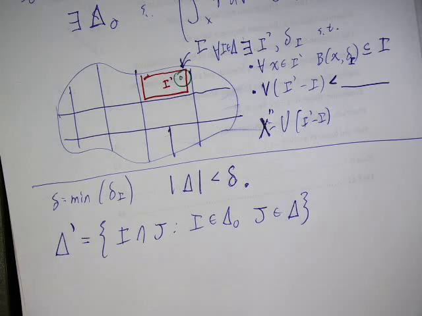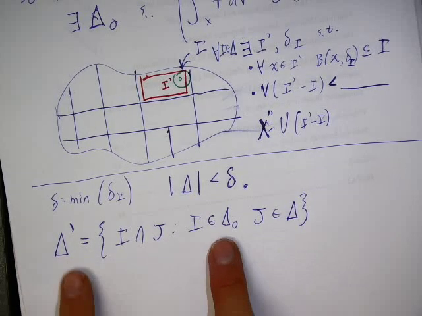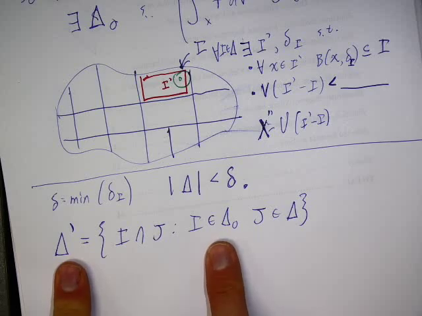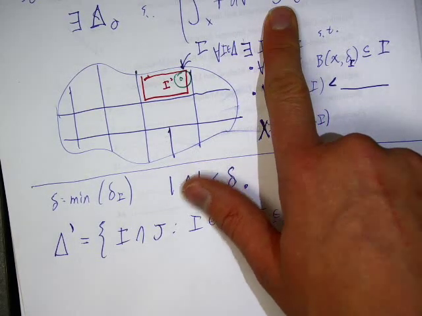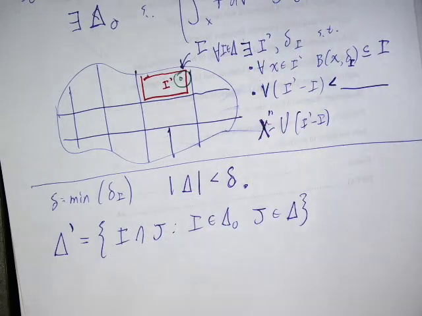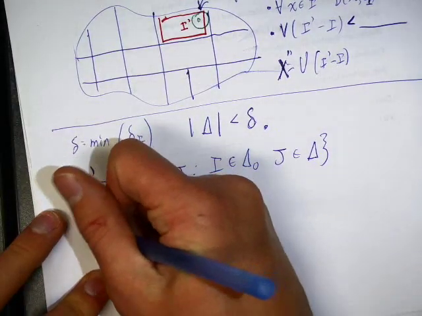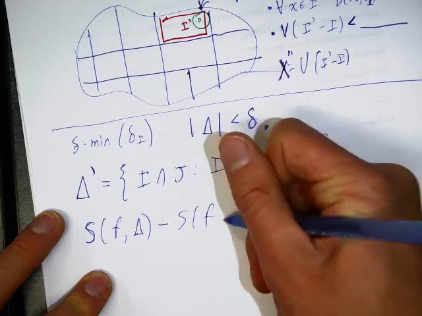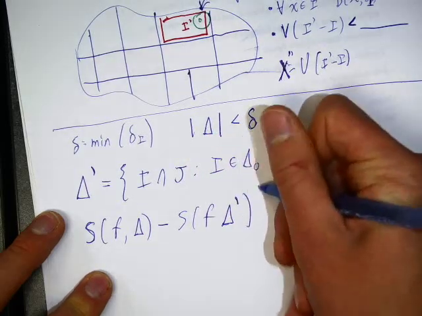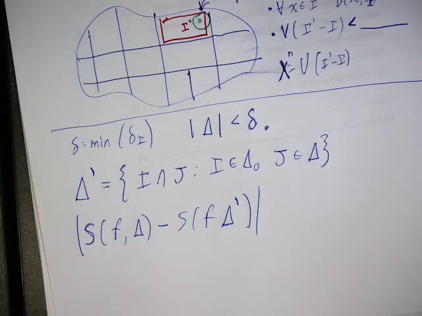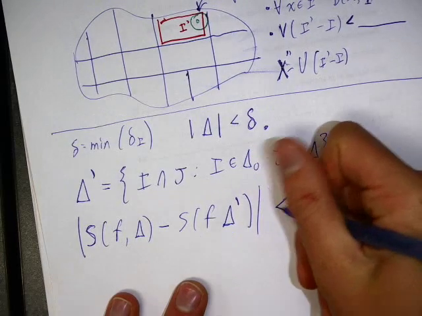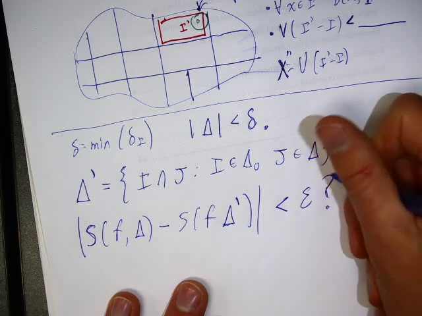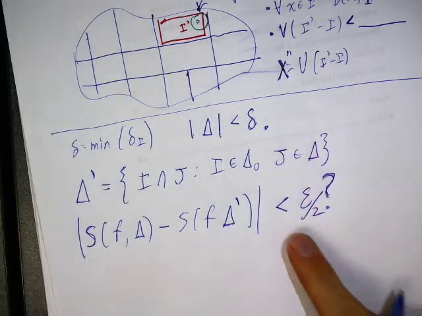So definitely we know that this subdivision does a good job approximating the integral because it's a refinement of a subdivision that did a good job approximating the integral. So then we wanted to decide, well, how big is s of f delta minus s of f delta prime? Where here I again have got all the pluses or minuses, put the right one back in. Because if we can show that, then we'd be done.